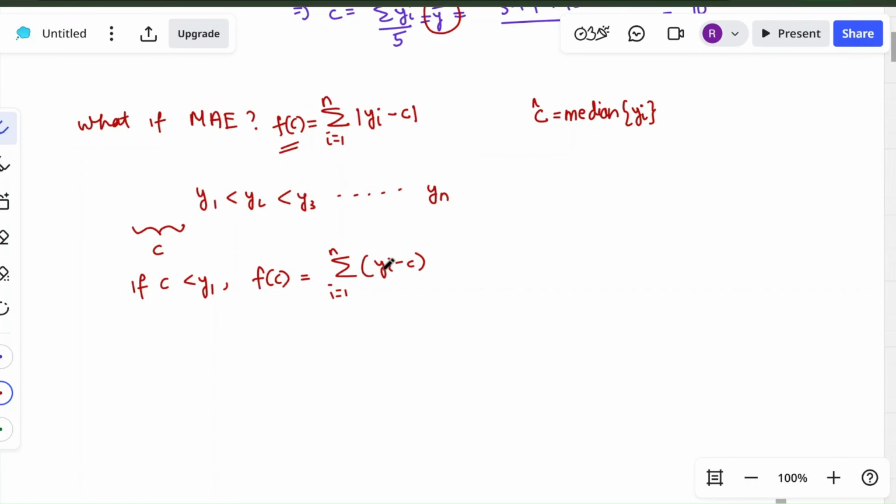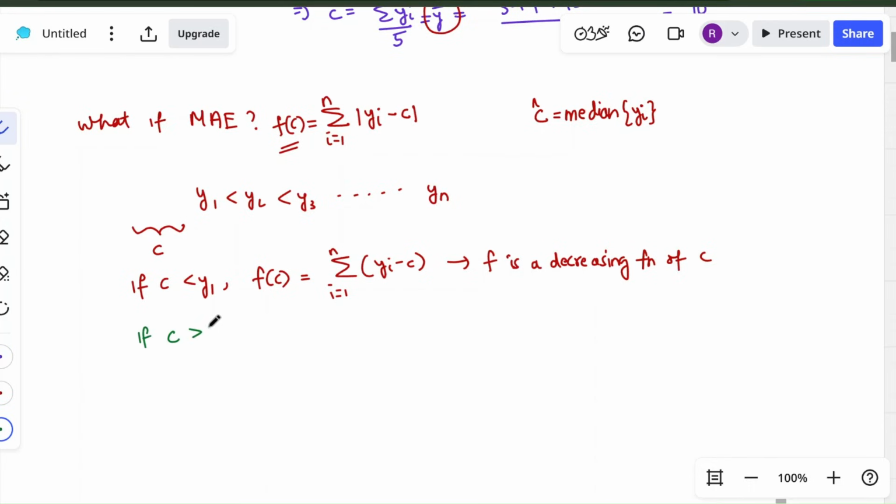What we can observe is that because there is a minus c here, when you increase the value of c, the function value decreases. So f is a decreasing function of c. Now let us consider a different case.